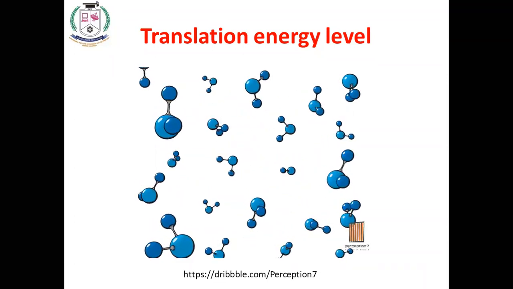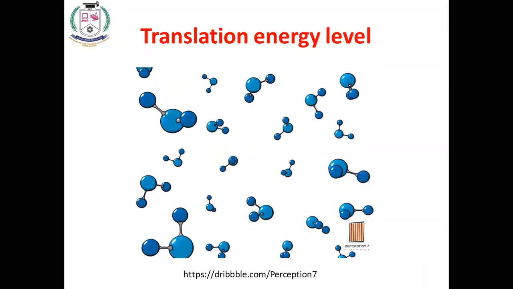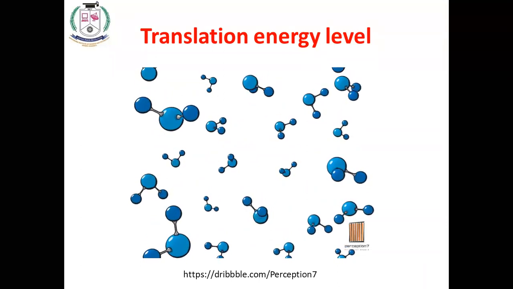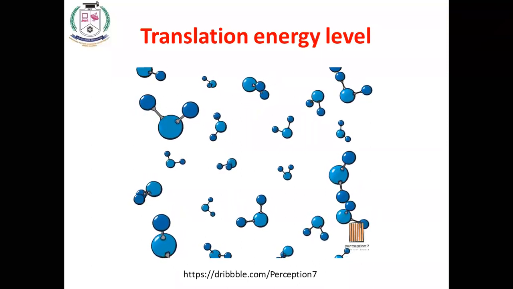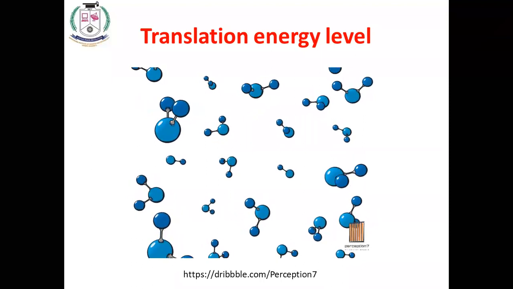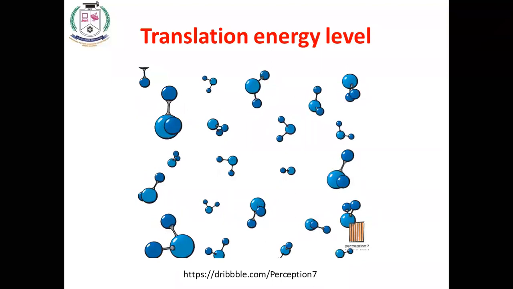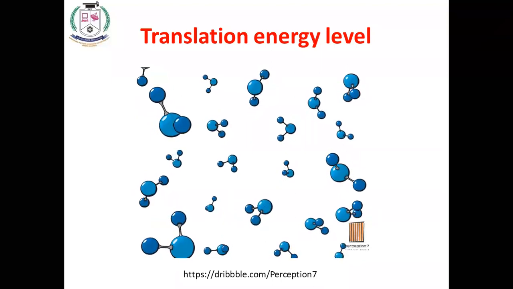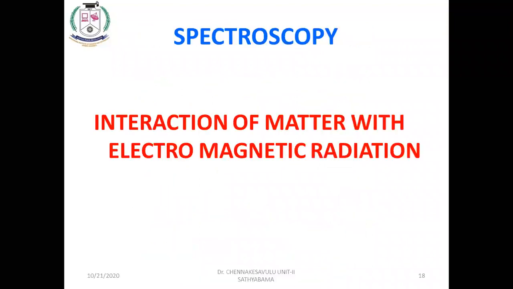And along with rotation, you are having translational energy. Let us see here, rotational and translational. Both energies are there. Here molecules are rotating as well as moving. This is translational and rotational. Both energy levels can be seen in this.